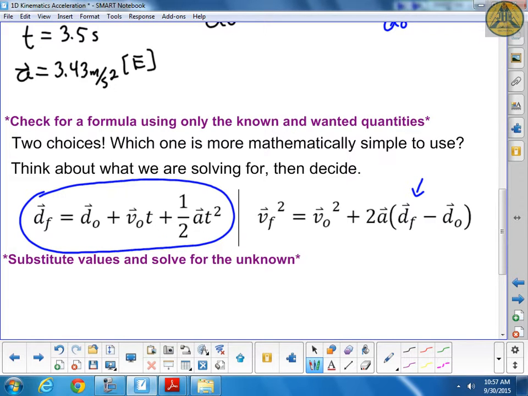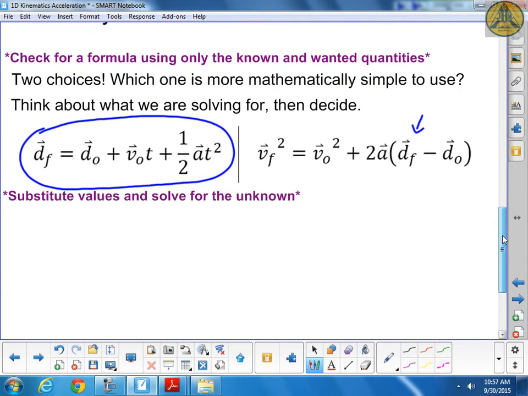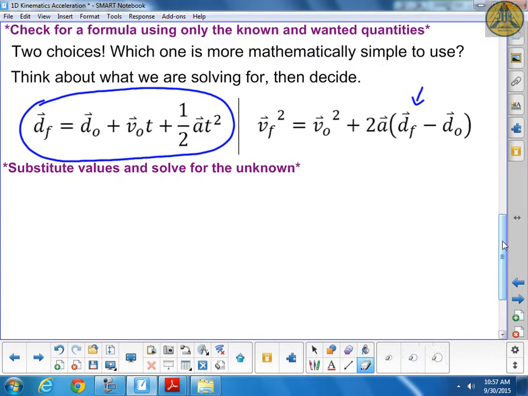So sub the values in and solve for what we're looking for. We're looking for d_f, final position. Initial position is 0, initial velocity was 20, time of 3.5, 1/2, acceleration 3.43, and 3.5 squared.